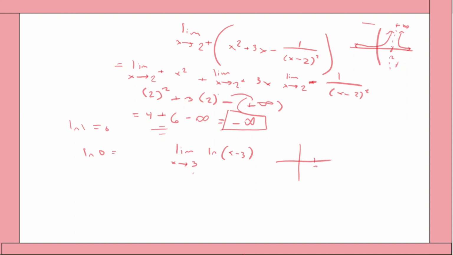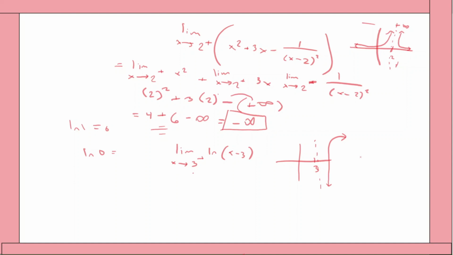So if we had a 3, which is the point that is the asymptote here, we make the asymptote like here. We know that the log function looks generally like this, so it's going to look a bit like this. So if we had 3 from the right, and it would have to specify from the right, because from the left, the log function doesn't exist.